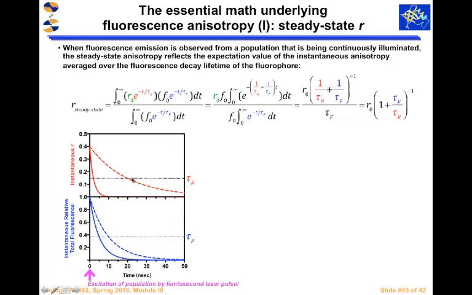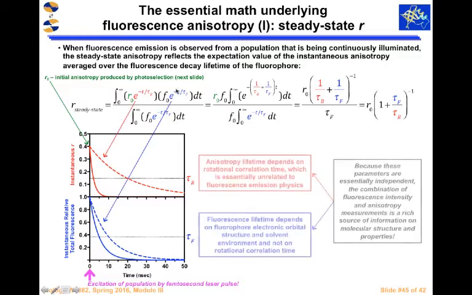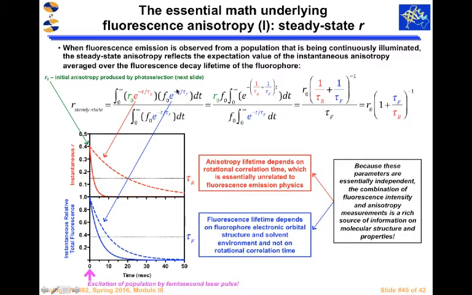To get the mean anisotropy that we observe, which we call the steady state anisotropy, we'll have to find the expectation value of the anisotropy given this time scale of the emission. To do that, we need to evaluate some integrals. I'm not going to do that today. I'll do that in a screencast focused simply on the evaluation of those integrals.